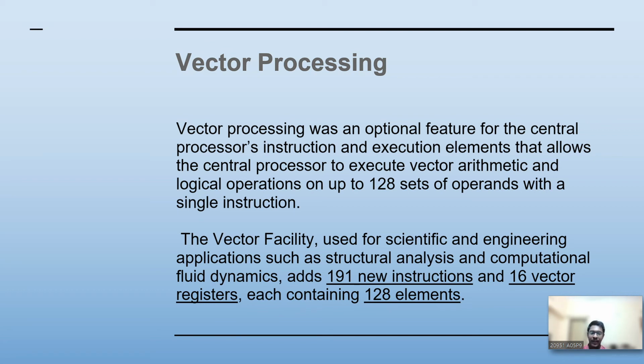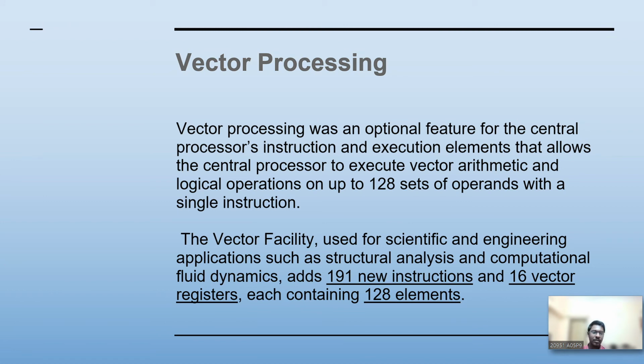This allowed the processor to execute vector arithmetic and logical operations on up to 128 sets of operands with a single instruction. The vector facility is used for scientific and engineering applications such as structural analysis and computational fluid dynamics. It adds 191 new instructions and 16 vector registers, each containing 128 elements.